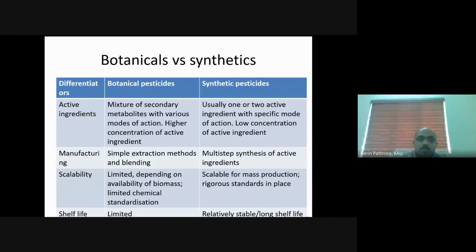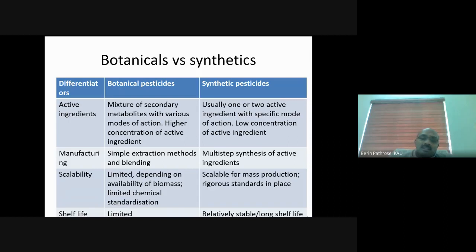Every backyard may have huge neem trees, and they will yield every year. It will give a huge quantity of neem seeds. So the biomass is available in plenty. From these neem seeds, we can go for extraction of azadirachtin, we can go for neem oil extraction, etc.